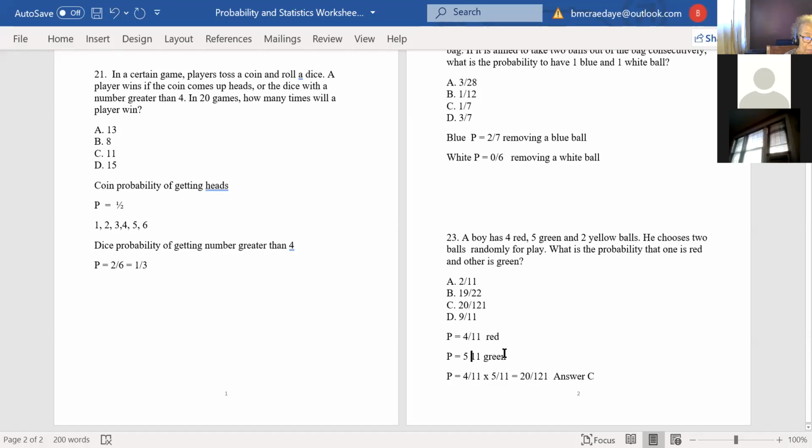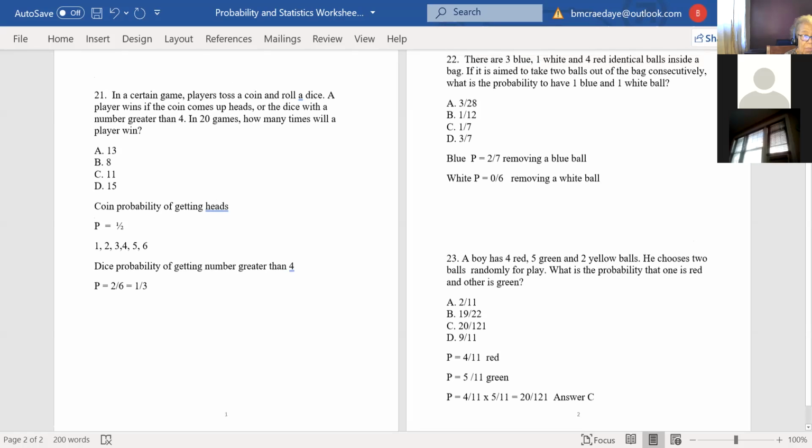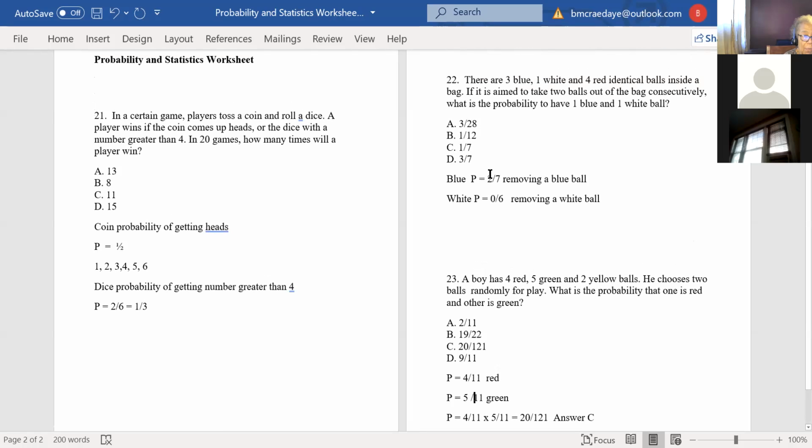Probability is green is 5/11, and the product is 20/121, so the answer is C. Now, if I go up here and use that same reasoning, so if I have 3 over 3, 4, let's see, 3/8, and the white would be 1/8.